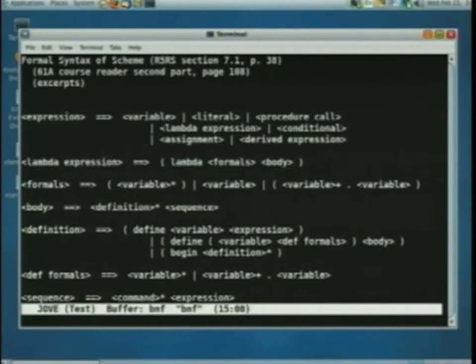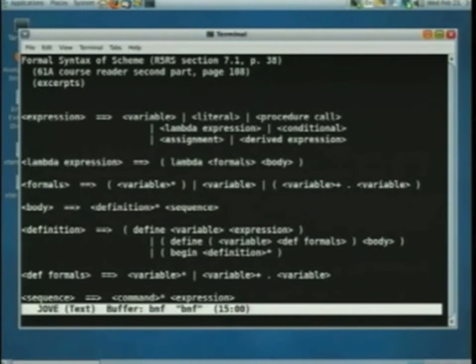So for him, you have to call it a parser generator that takes something like this as input and turns out a compiler for your language, whatever it is. So I can put this into a compiler, and out comes a Scheme compiler.